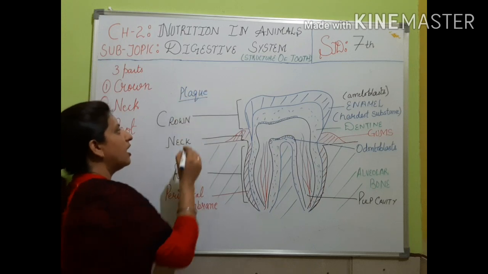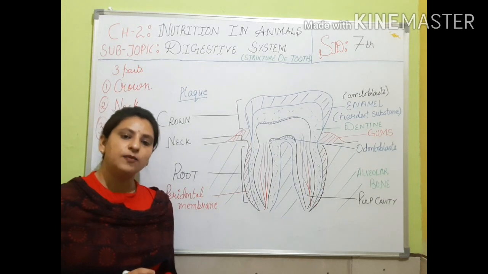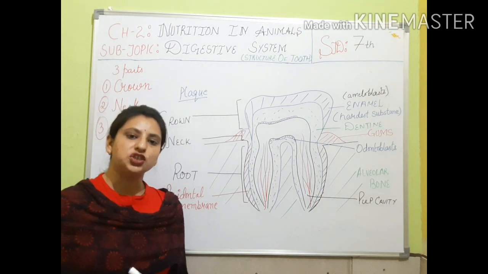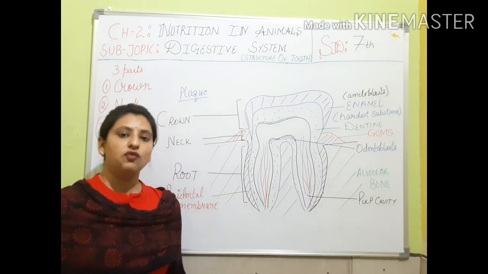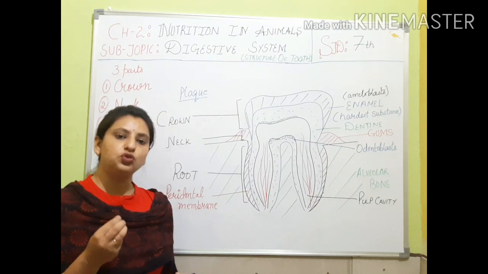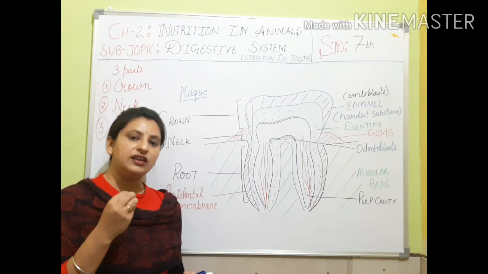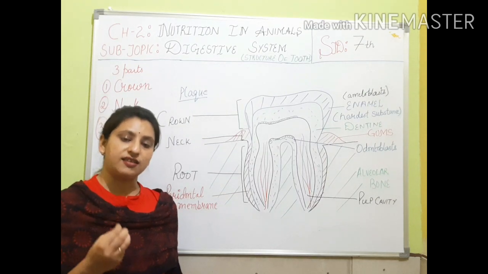Now, as plaque is formed over the tooth, it leads to the formation of bacteria. The bacteria feed on the food which we are eating. When the bacteria eat the food, they release acid.